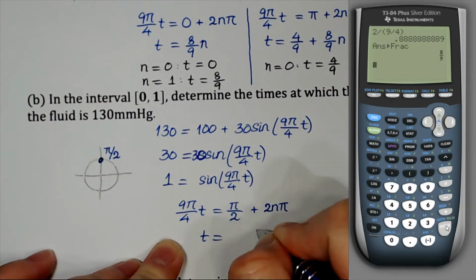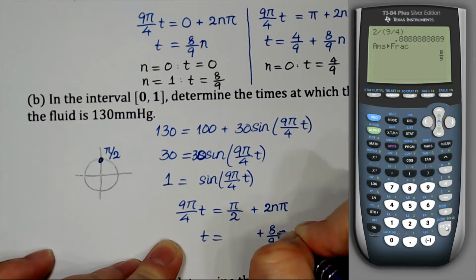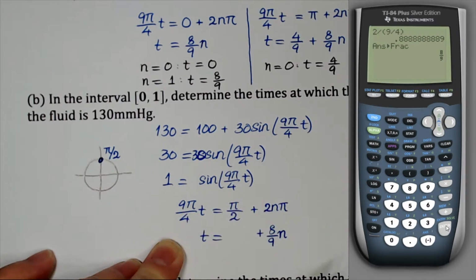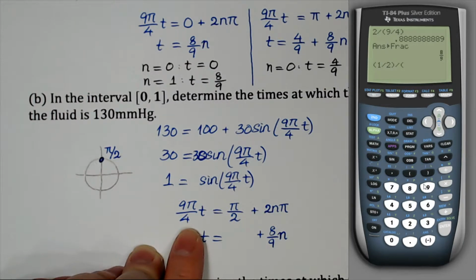Divide both sides by 9 pi over 4, we have t equal to, that's still 0. We need a calculator for this problem. So we will take 2 and then divide it by 9 over 4. That will be 8 over 9.